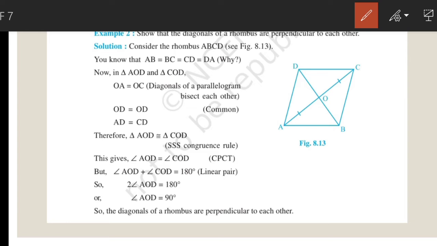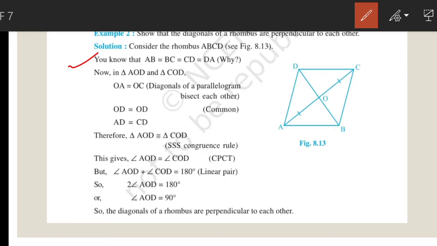So here one of the properties we have to prove is that the diagonals of a rhombus are perpendicular to each other. Now consider a rhombus ABCD. We know that AB is equal to BC is equal to CD is equal to DA. Why? It is a property of a rhombus that all sides are equal.